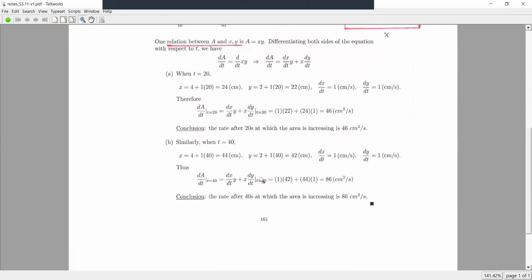When time is 40, dx/dt is 1, y is 42, x is 44, dy/dt is 1. This sum is 86. The unit is cm square per second. Now, conclusion. The rate after 40 seconds at which the area is increasing is 86 cm square per second.